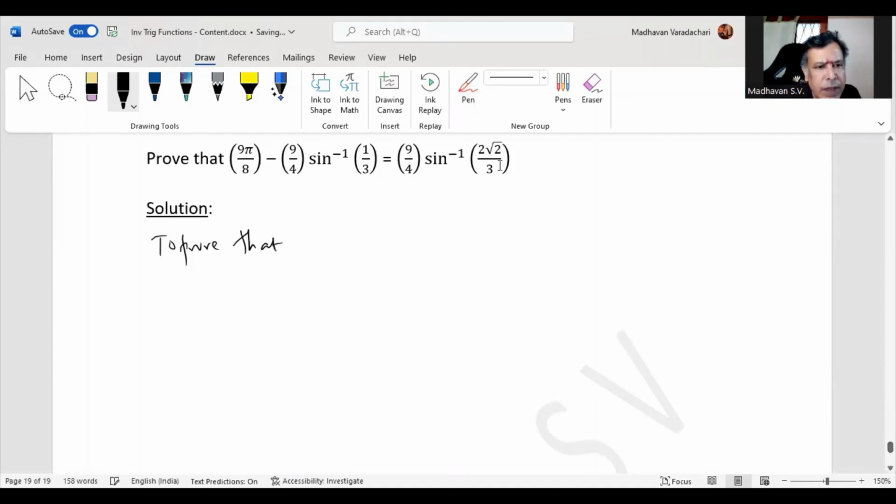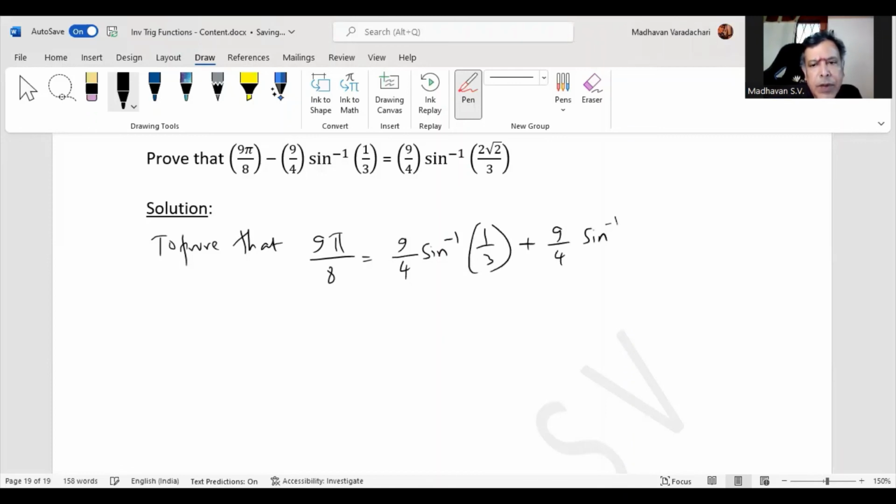I will retain this 9 pi by 8 on the left hand side and take the negative 9 by 4 given here to the right hand side. It becomes positive 9 by 4 sine inverse of 1 by 3 plus 9 by 4 sine inverse of 2 root 2 by 3.